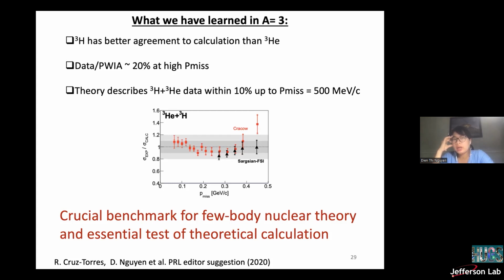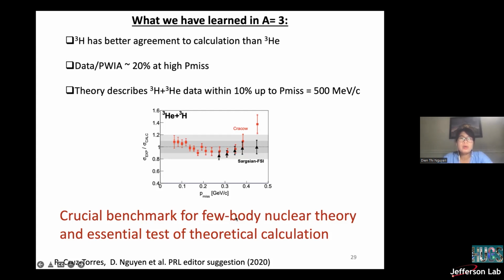So this is a very crucial benchmark for nuclear field theory calculations. We need to have this benchmark first because later on, when we move to heavy nuclei, what we need to use is this baseline from the light nuclei. So we need to know that our first step is the benchmark before we can go to heavier nuclei. That is what we have learned from the A equal to 3 system.